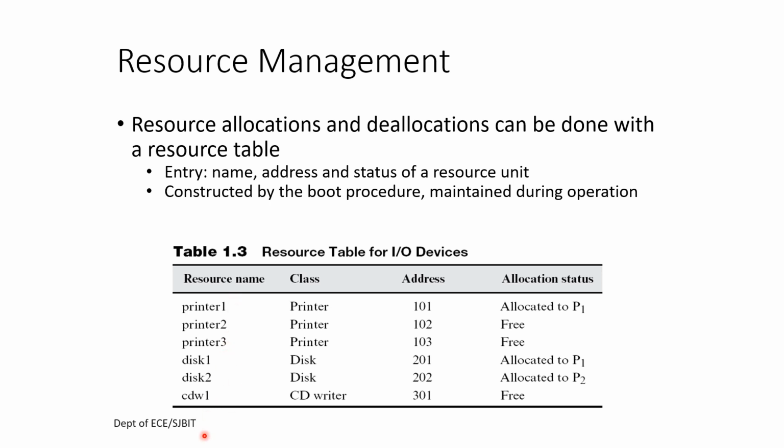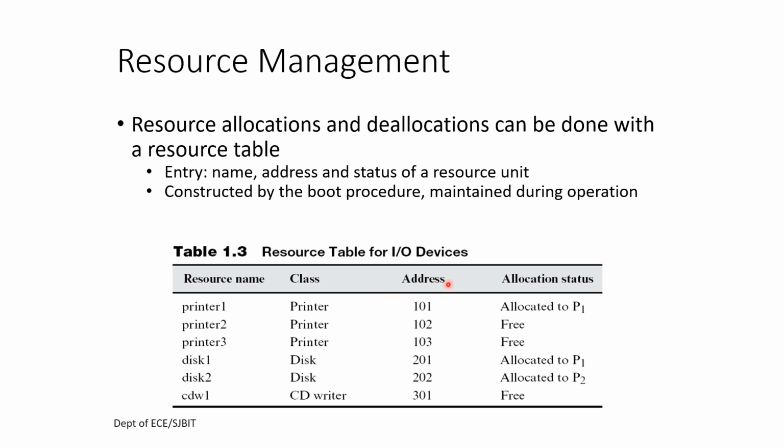These are all my resources. For each we note what class of resource it is. Printer 1, printer 2, printer 3 are printer resources, disk 1 and disk 2 are disk resources, and CDW1 is a CD writer resource.